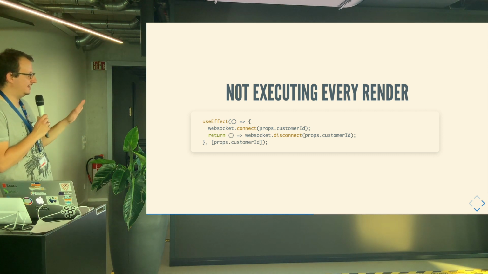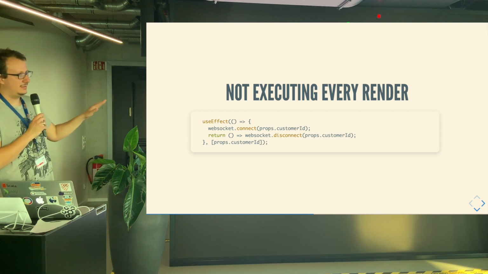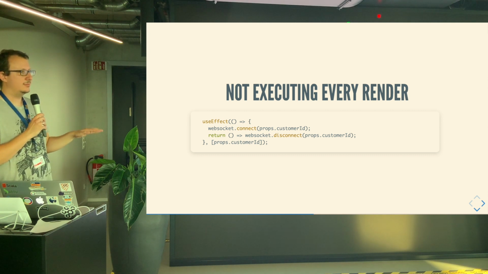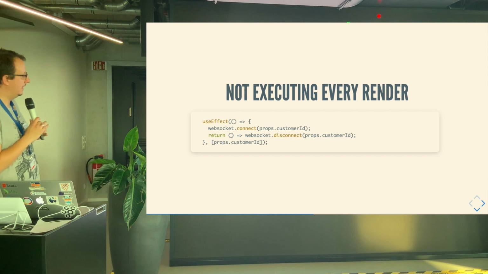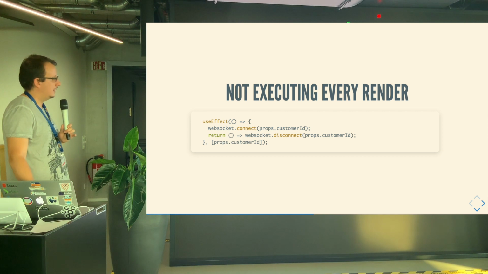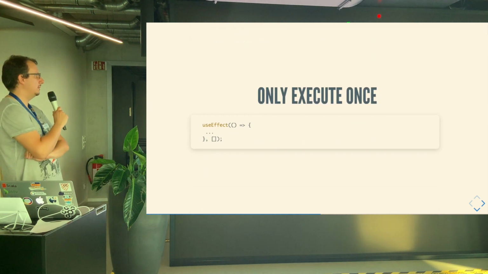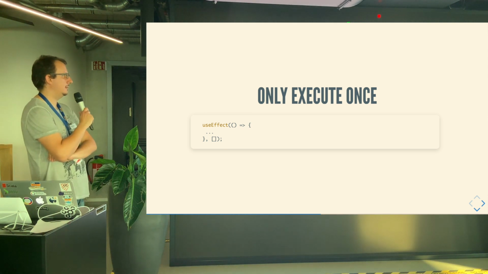Warning here, this is a major source of bugs. Please always make sure to put really every dependency in, and also try to minimize the dependencies. I will show you a bit later how this can be achieved. There's also the use case that you will probably only want to execute an effect once.